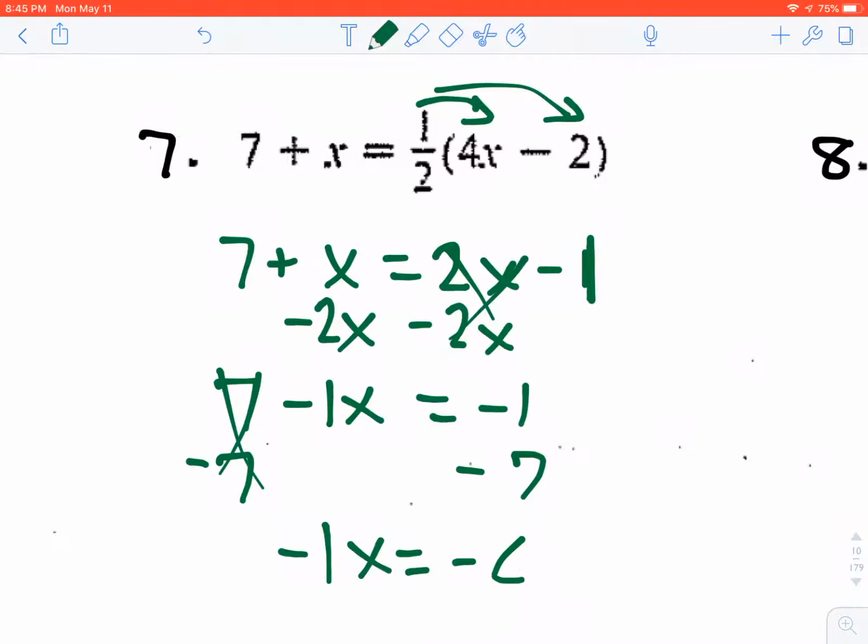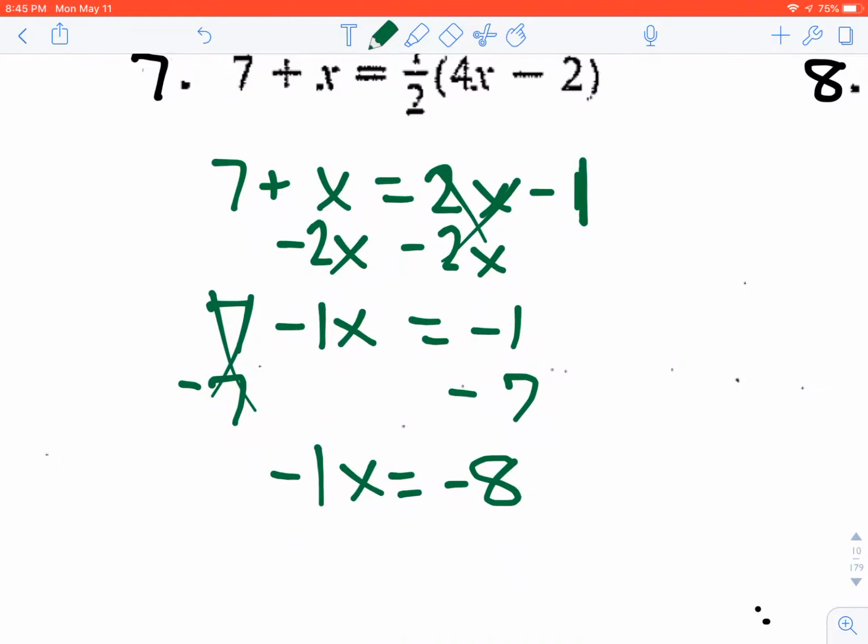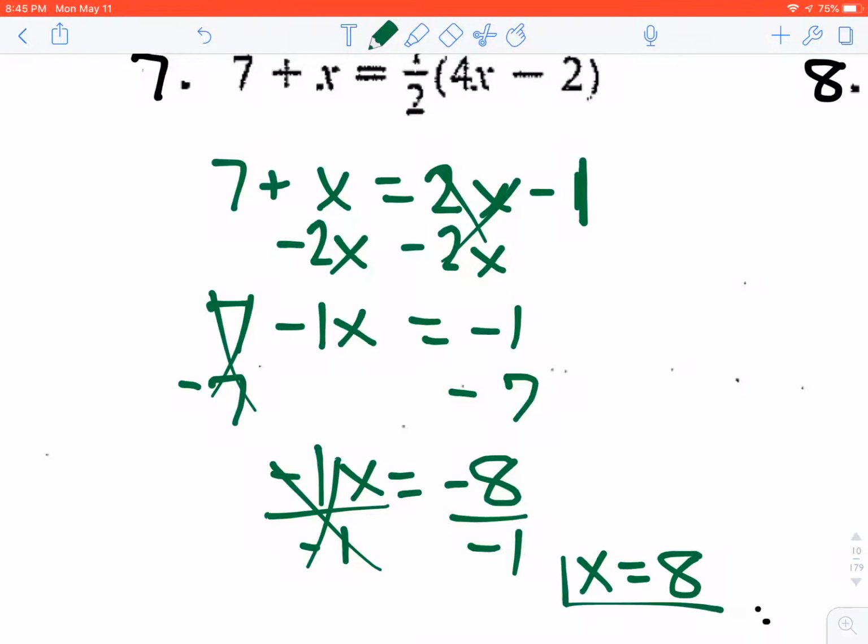So -1x equals -8. Remember, we're not done here. You do not want to leave that -1 in front. So you need to divide both sides by -1, and you end up with x equals a positive 8, which is your answer for 7.